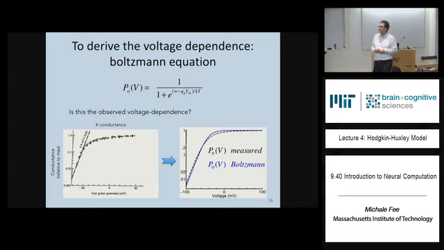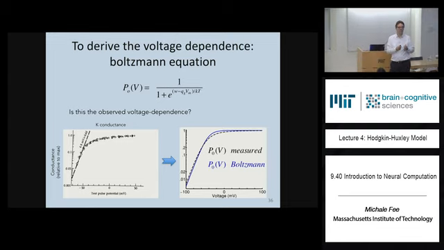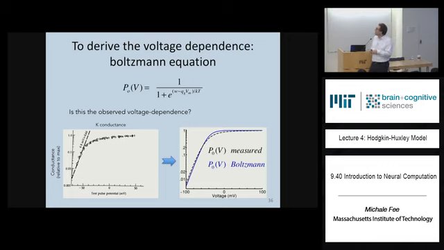And you can see that it almost exactly fits. You can actually extract biophysically what the gating charge is inside this tiny little protein simply by fitting this to the data. Pretty cool, right?